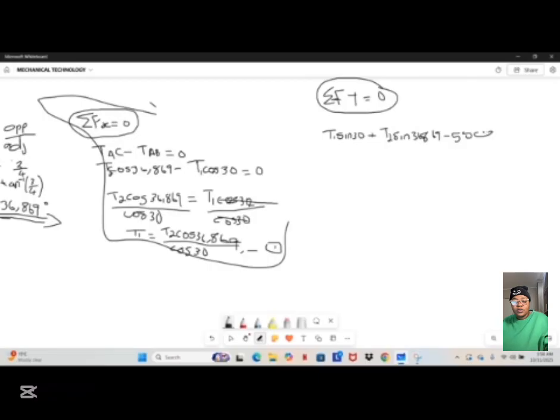Okay, so from here onwards we're going to take the 550 to the other side, as we want to solve for T1. Yes, we are going to solve for T1.